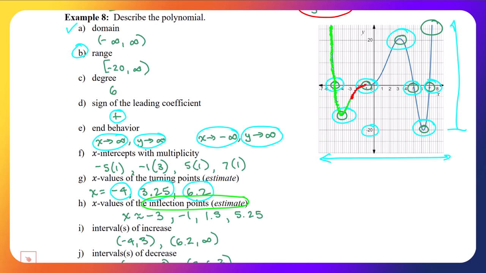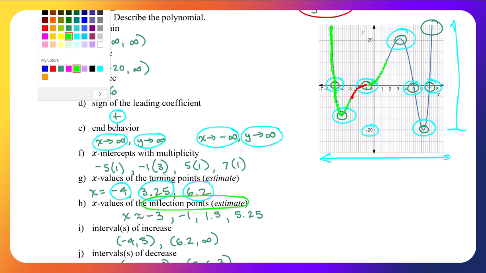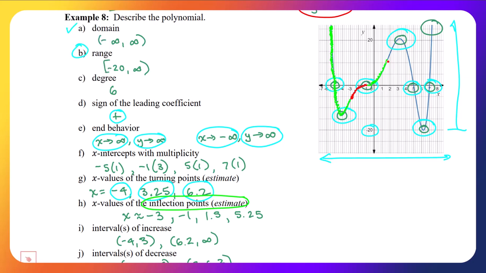Turn right, turn right, turn right to about there. And then at that point, we start turning left again to about there. And then we start turning right again.